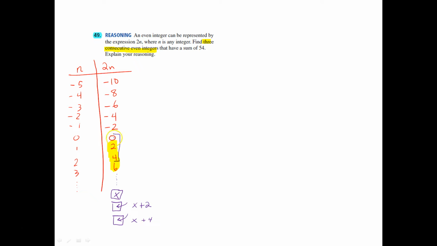If x was 0, then if you add 2, you get 2. If you add 4, you get 4. So if I let my 3 consecutive even integers be x, x plus 2, and x plus 4, now I can add those together and get 54.